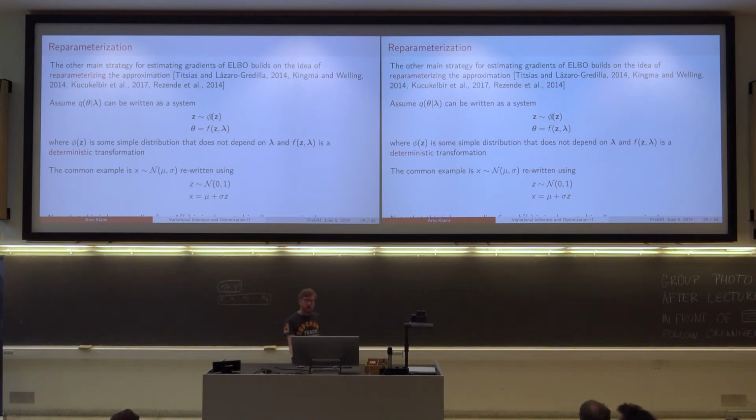And then any sample from this distribution is obtained by transforming a draw from this simple distribution with our model parameters. And that's a deterministic transformation. There's no stochasticity in this process.